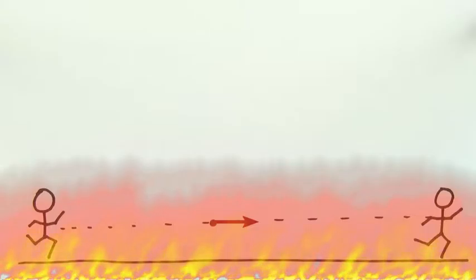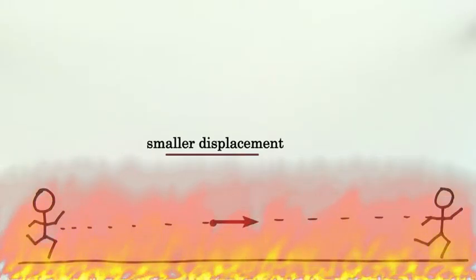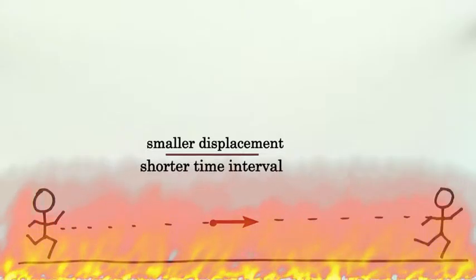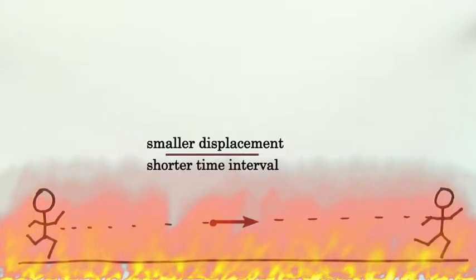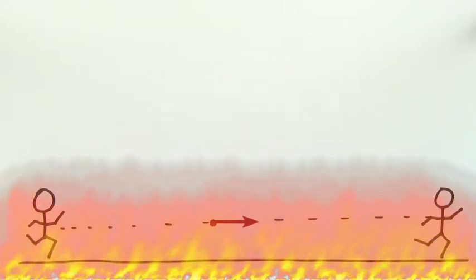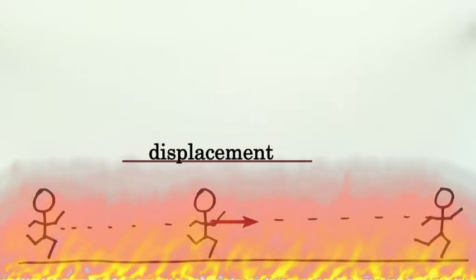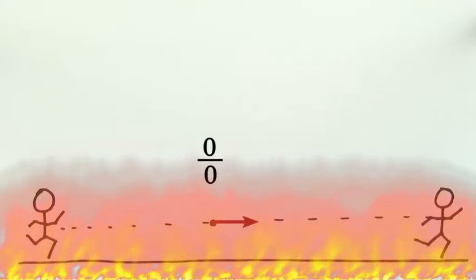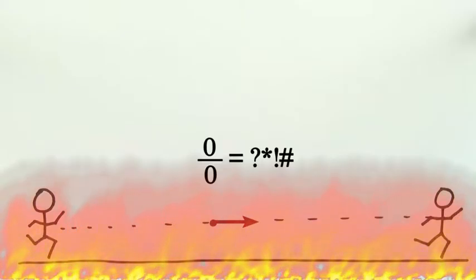In order to better zero in on the instantaneous velocity, we could choose an even smaller displacement over an even shorter time interval. But we're going to run into a problem here, because if you want to find a perfect value for the instantaneous velocity, you'd have to take an infinitesimally small displacement divided by an infinitesimally small time interval. But that's basically 0 divided by 0, and for a long time no one could make any sense of this.